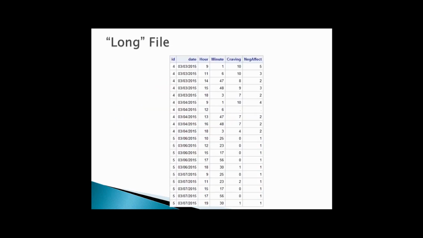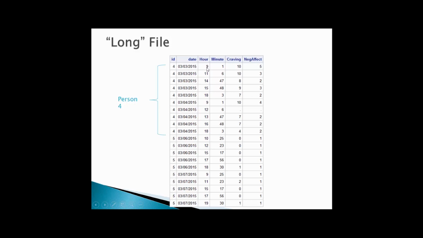Okay. So if we take a look at this long file here, we can take a look at the ID variable and see that person 4 has a number of rows, each one corresponding to a different assessment period. So here's person 4. And we can see that they have about 5 assessments on the first day, which is marked with the date, so that's March 3rd.